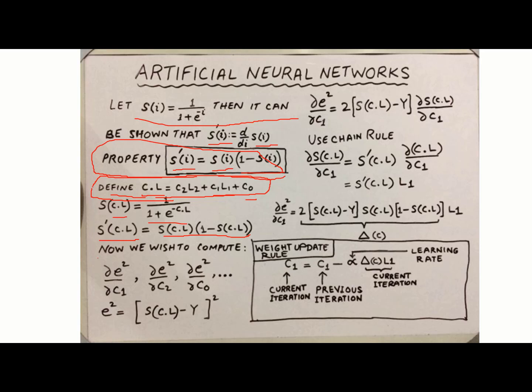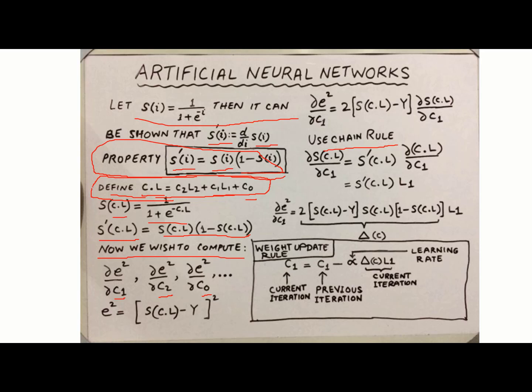Now, if we wish to compute the partial derivative of the error square with respect to the coefficients which are closer to the output, C1, C2, and C naught, then our best friend is the chain rule.